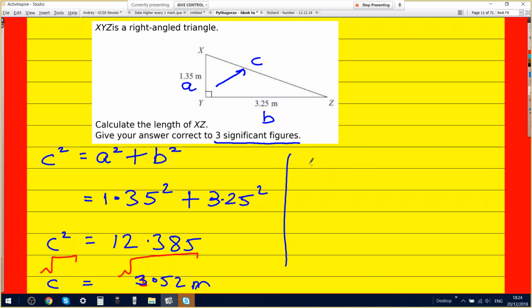Yes, so in general, label the triangle. So C is the important one. C is opposite the right angle.